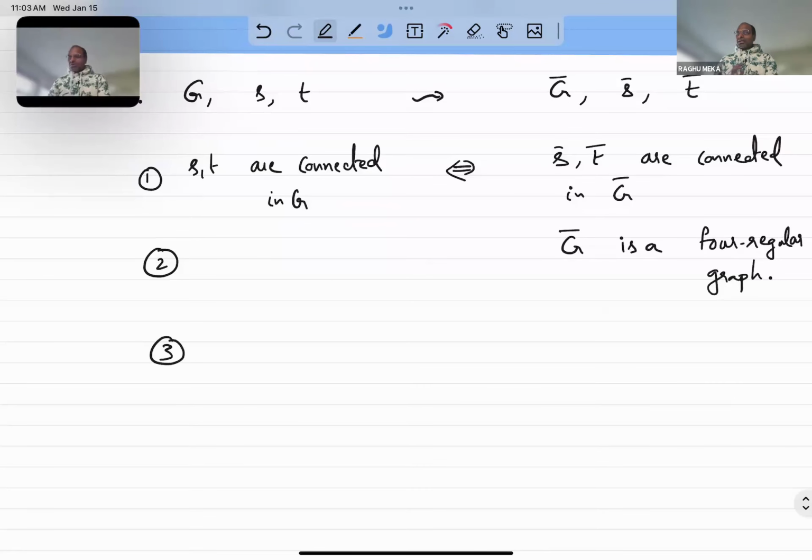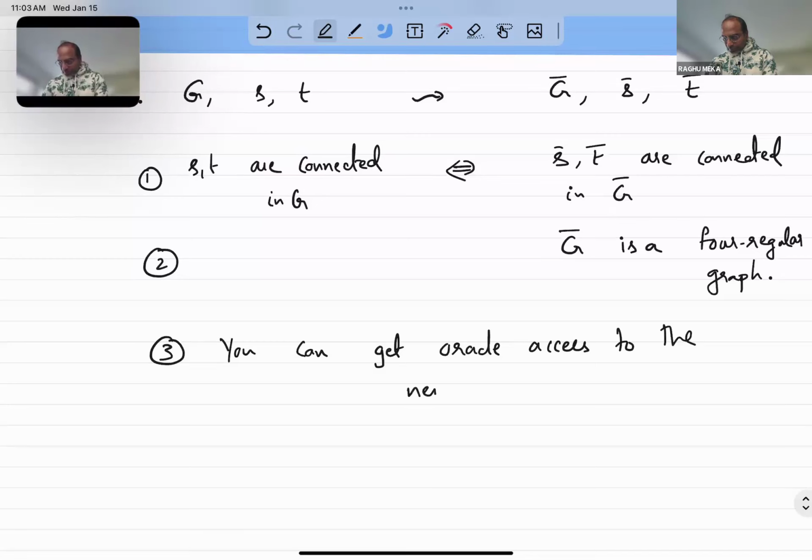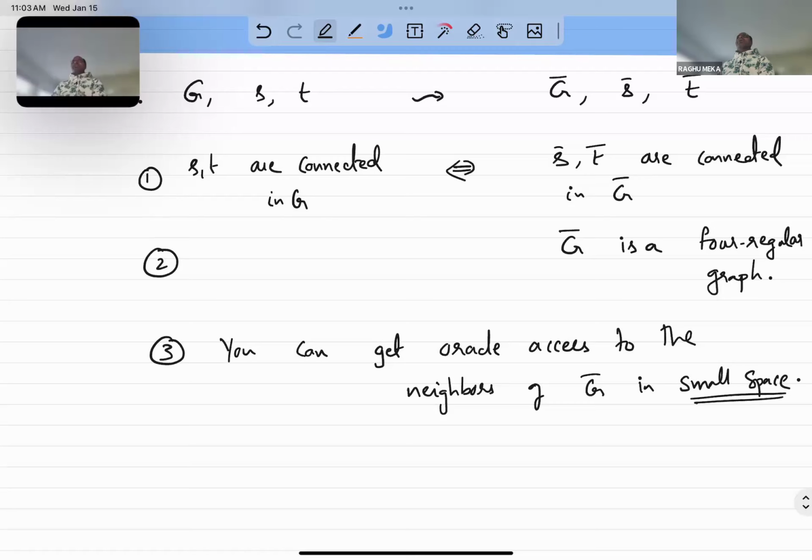And thirdly, this is what I'm going to sweep under the rug. It just requires a little bit of care in terms of how you code it up, but basically make sure that you can get Oracle access to G bar. So what does this mean?